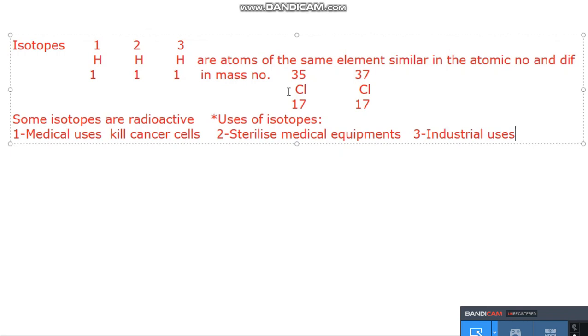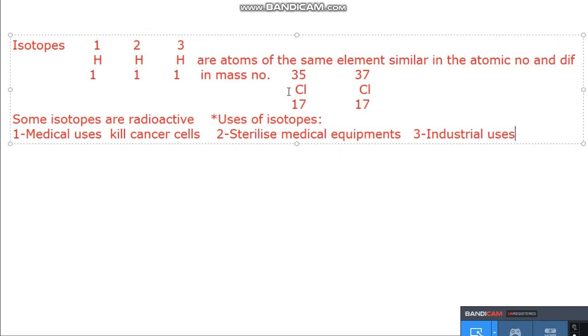Now let's move on. Identify the use, one student only. The number three, to identify the leak in oil or gas pipelines. Leak means a broken one.